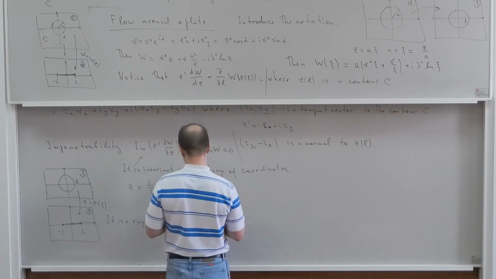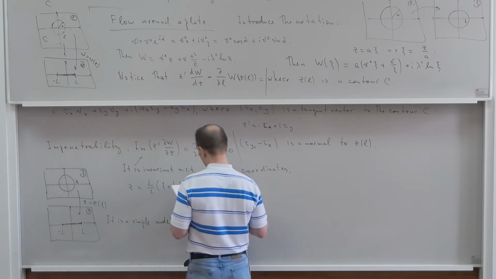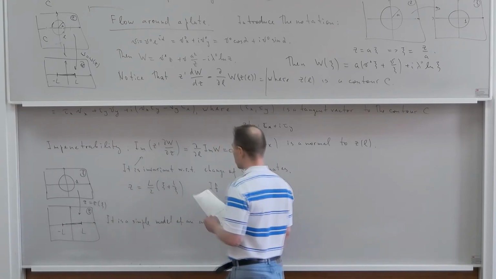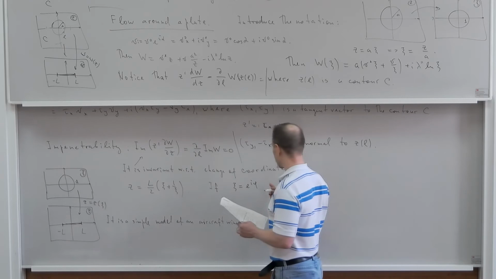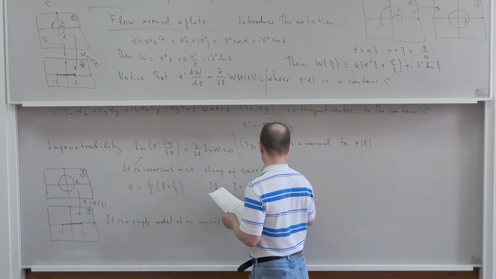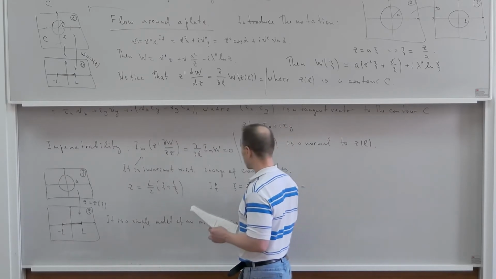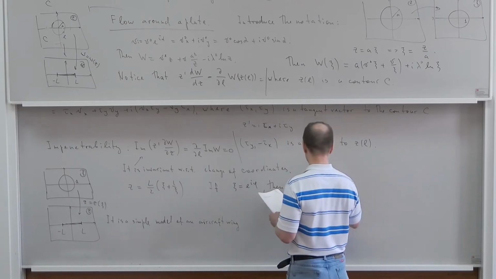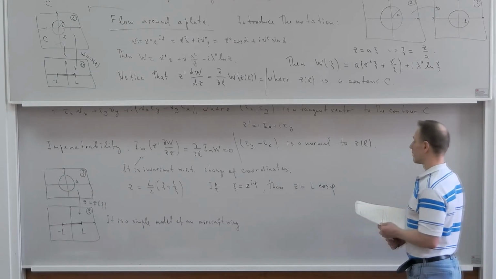So, the points lying on the unit circle can be parameterized the following way. And when one substitutes this into this expression, one finds the following relation.